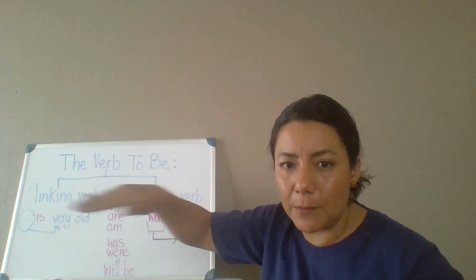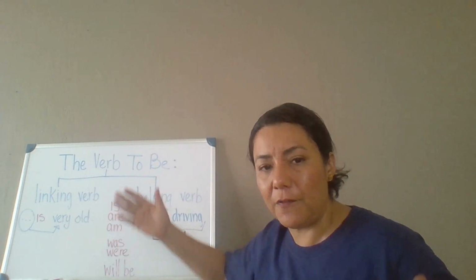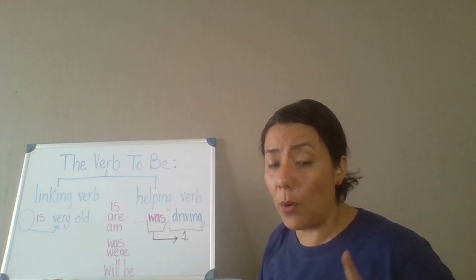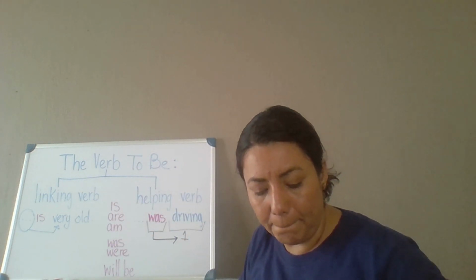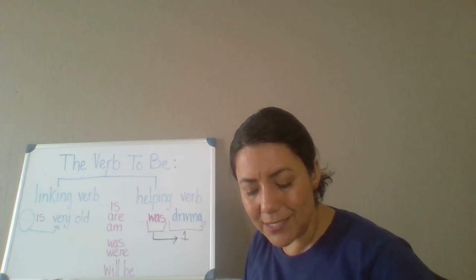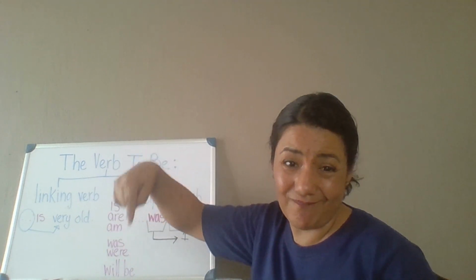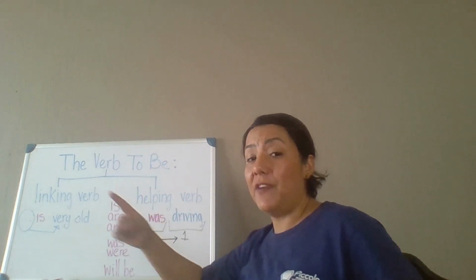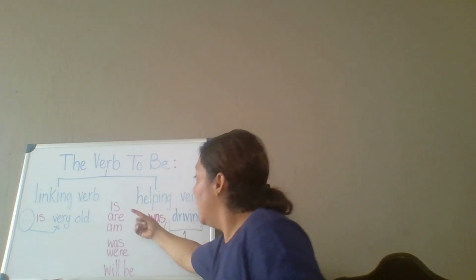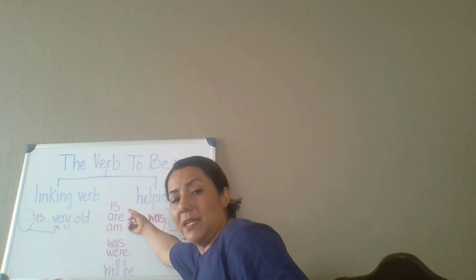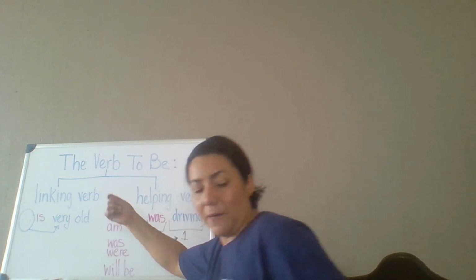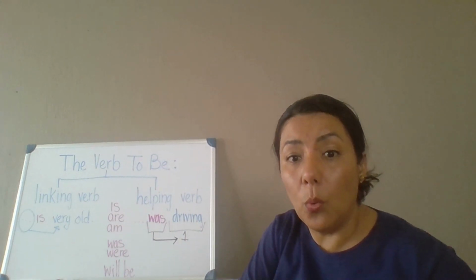Oh, wait a minute. Let's keep reading in order to identify if it's present, past, or future, what we need. We looking for leprechauns in the woods right now. So that's present. If it says we, which one are we missing? Are. So write it down.